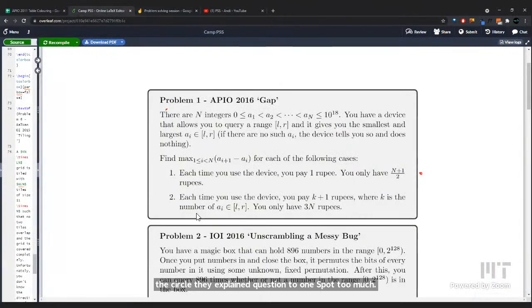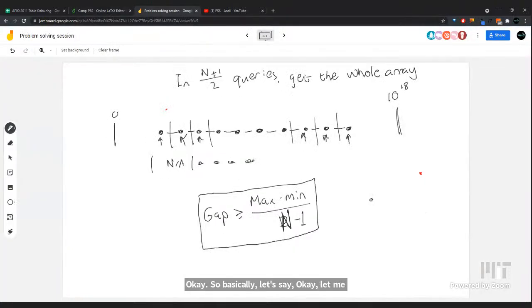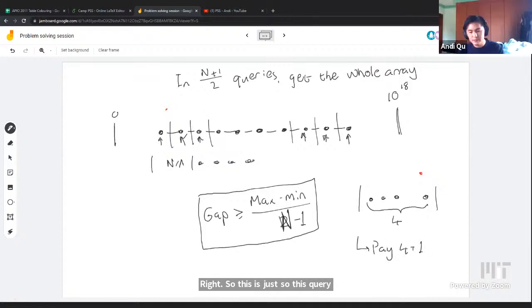Okay, let me just draw it out. Let's say you query a range like this. There are 4 numbers in here, so this query means you pay 5 rupees.